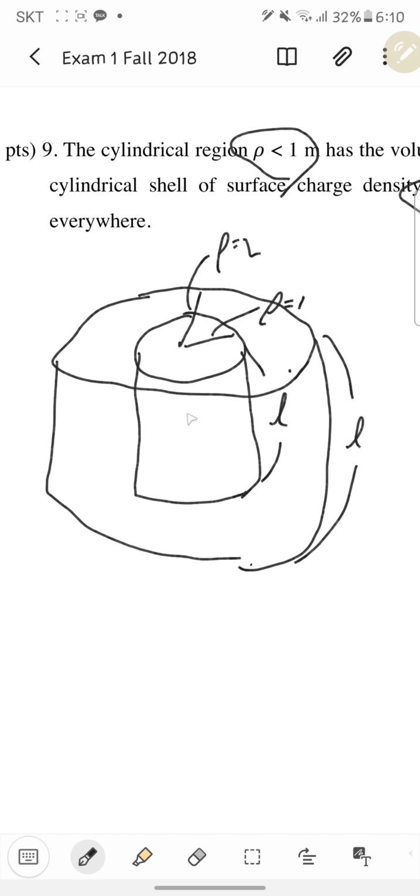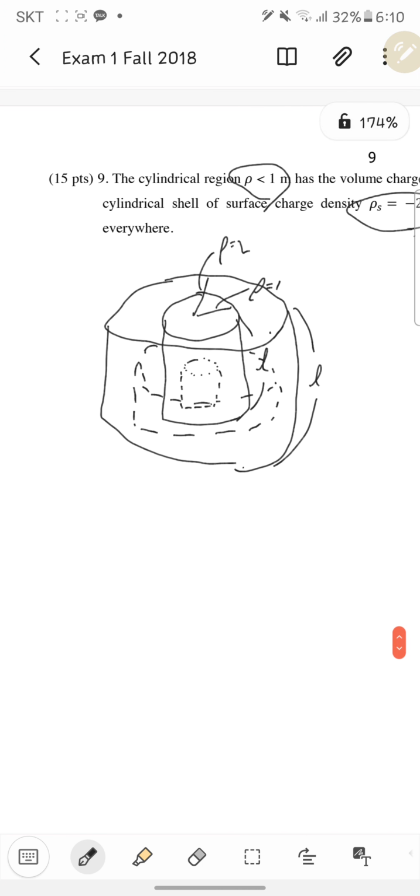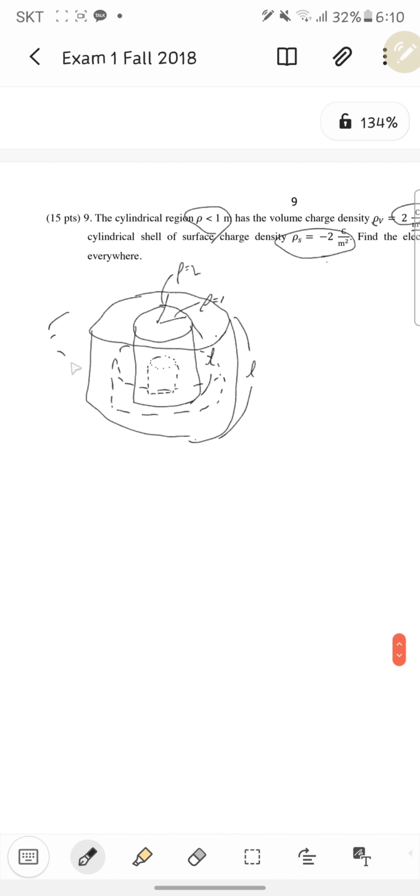One is when the Gaussian surface has rho less than 1. Another one, when rho is bigger than 1 but smaller than 2. The last one, rho bigger than 2.